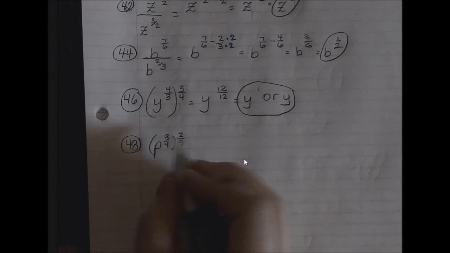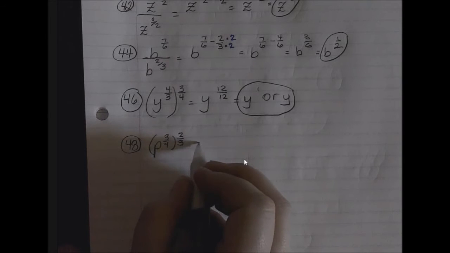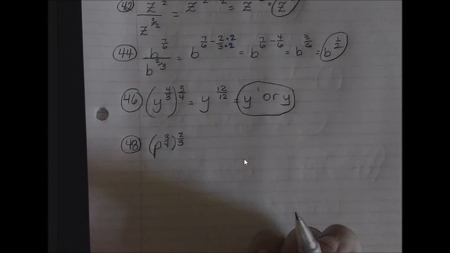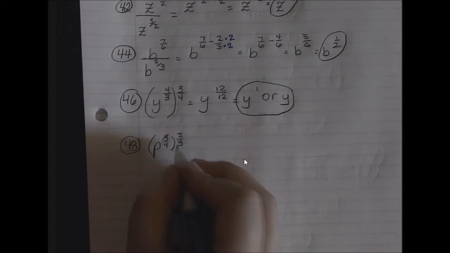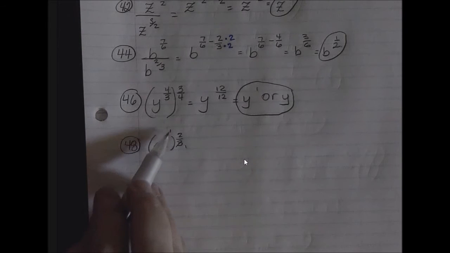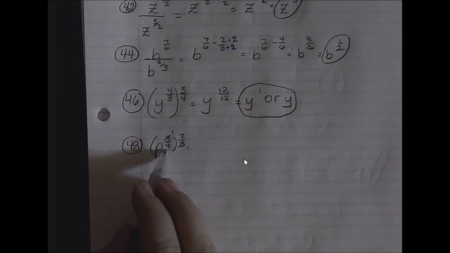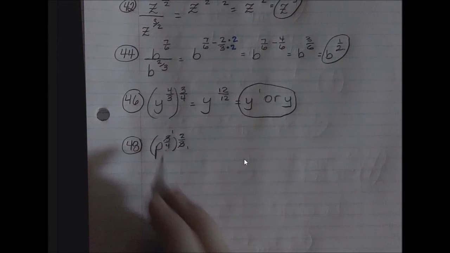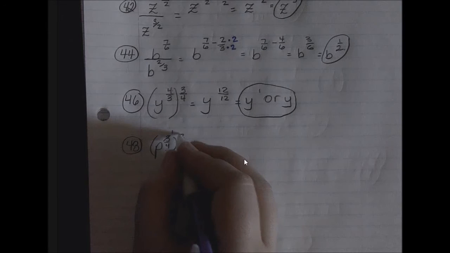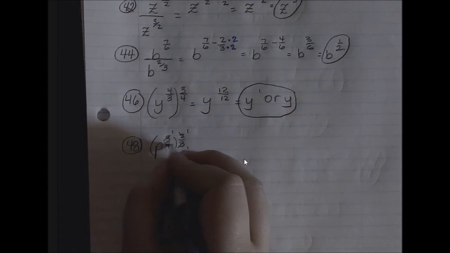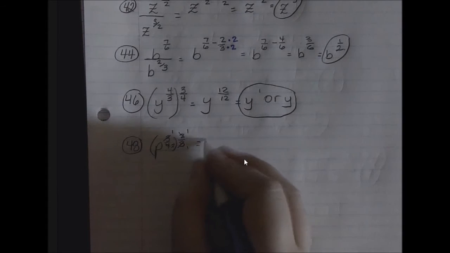So we can either multiply 3 times 2 to get 6, 4 times 3 to get 12, and then simplify, or we can simplify before we multiply. So we can say that these threes simplify to be ones because 3 goes into 3 once, and then same thing with 2 and 4. Between 2 and 4, 2 goes into 2 one time, 2 goes into 4 two times. So that gives me p to the 1/2.